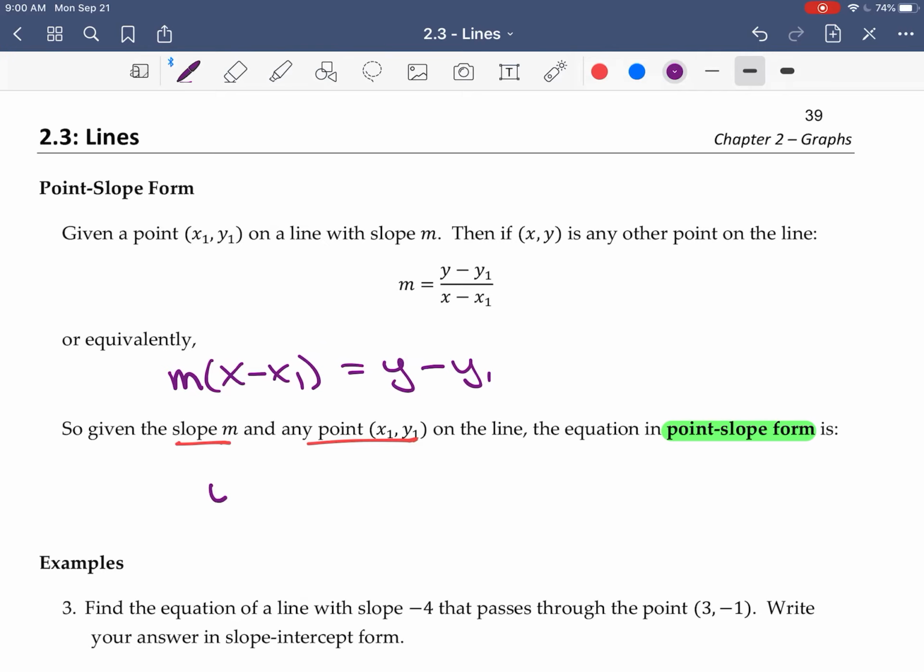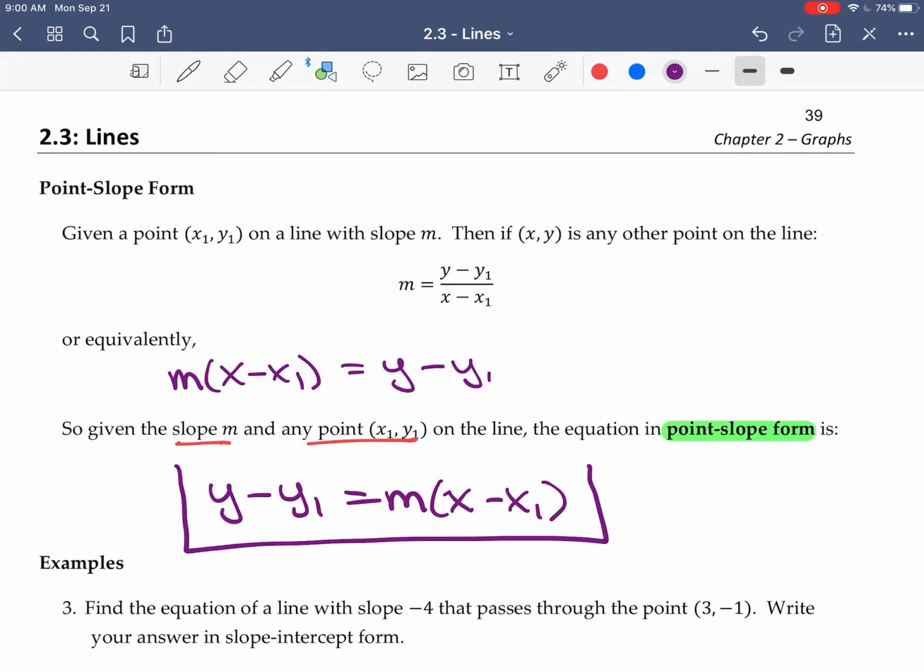So this is the point slope form. And this is nice as a starting point for the equation. And sometimes if it wants it in slope-intercept form, then we can just rearrange it after. So that's the equation.